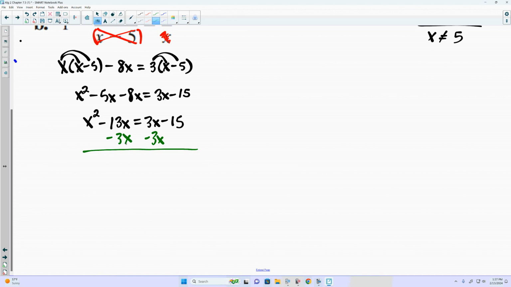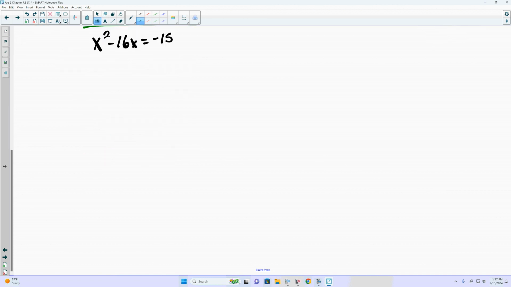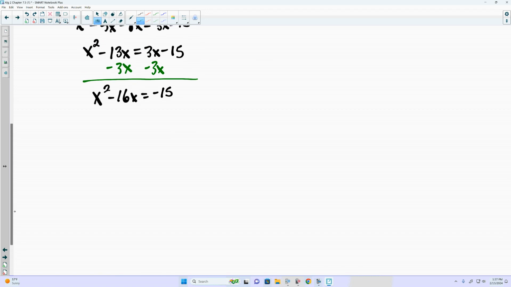But I try to keep the variable with the biggest exponent, in this case x squared, positive if at all possible, and have the least number of steps. It just makes it easier to factor or work with. Even if we end up with a negative, we can multiply or divide the whole thing by negative 1, which is just changing the signs, which is fine.